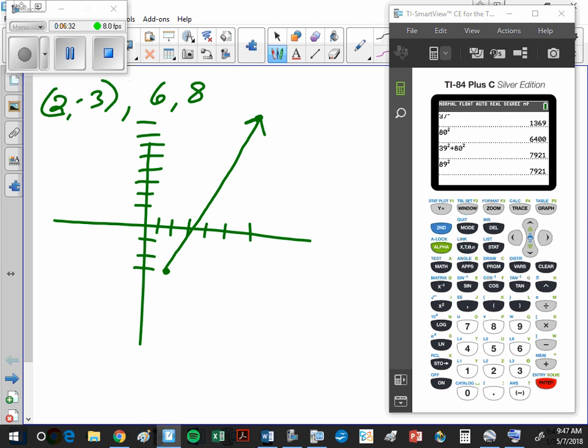The distance formula, which is basically the Pythagorean theorem. Once again, I draw a right triangle, and I want to know how far is it from here to here. Well, that would be 6 minus 2, right? So 4. And how far is it from here to here?